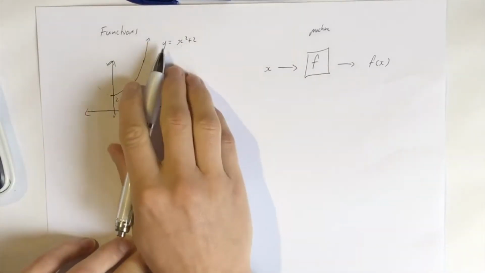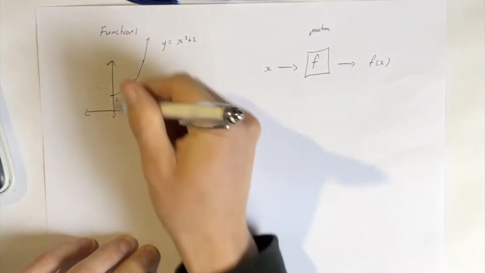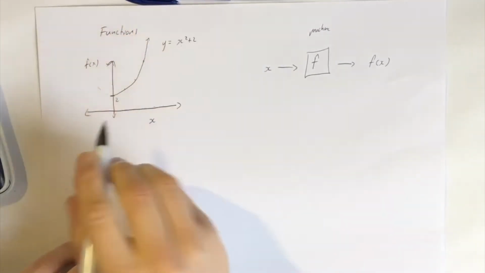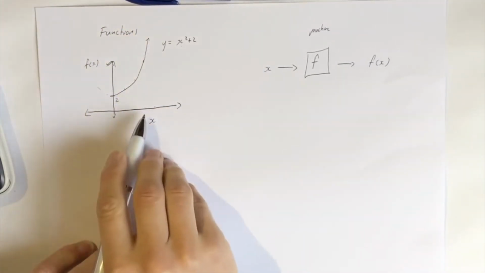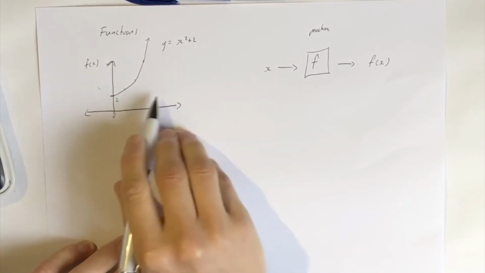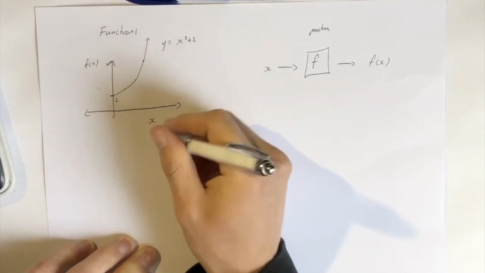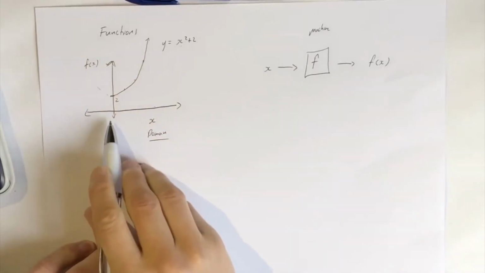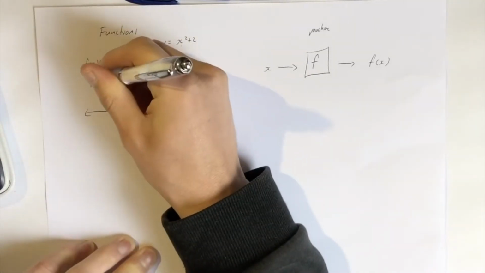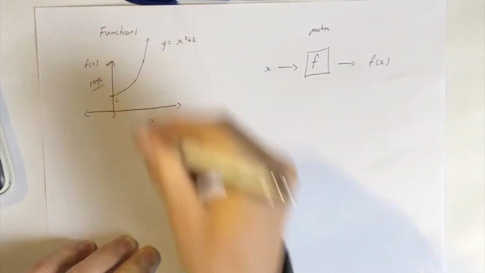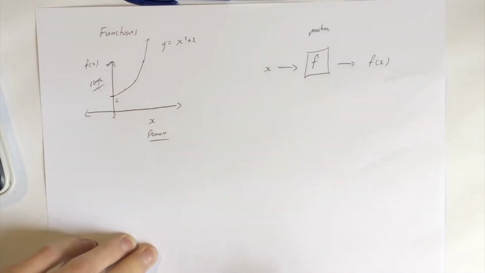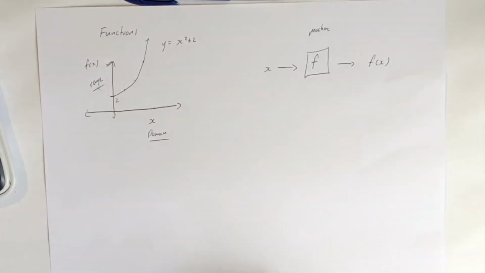Another way of writing this function is, instead of having a y and x axis, we have an output axis, f of x, and our input axis. What we kind of call these is the domain, that's where we are, and the range, where we want to be. But we don't get into domain and range too much in Level 3 NCEA.